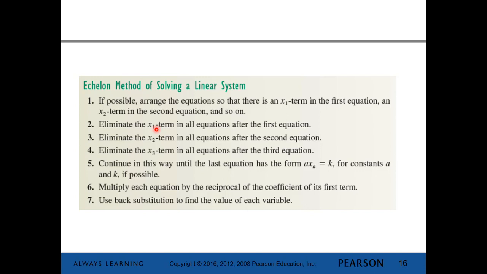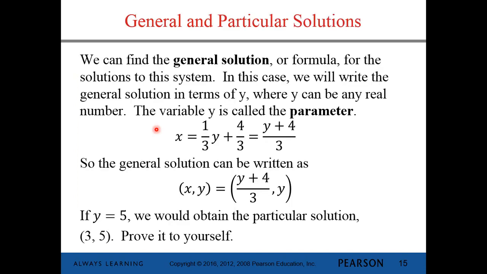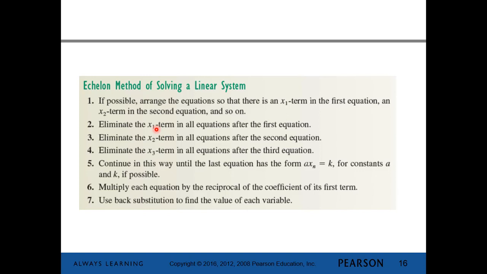So in a system of equations, here we're using x and y, but let's say instead we use a system where we have x1, x2, x3, all the way up to x sub n.